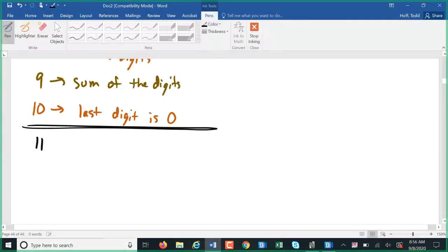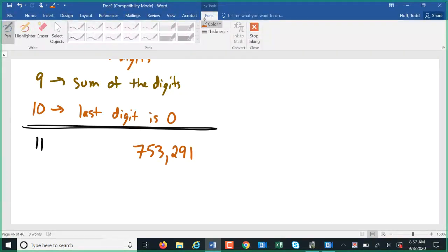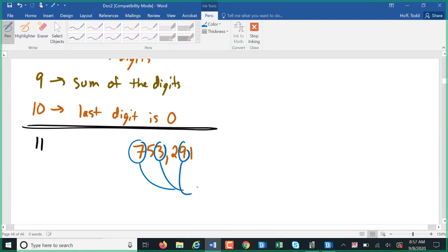Divisibility rule for 11. So 753,291. If I want to see if that's divisible by 11, I start with the first digit, and I take every other digit after that, and I add those together. 7 plus 3 plus 9 is 19.